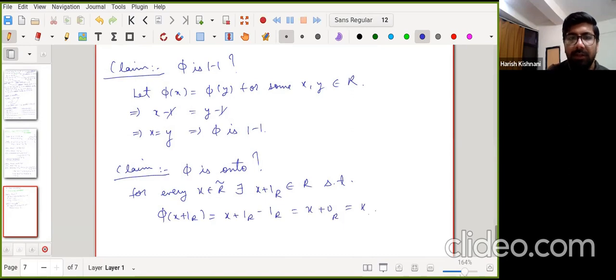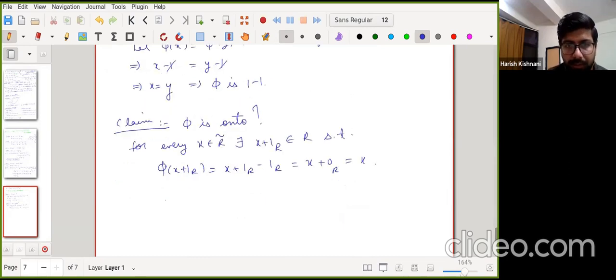Okay, so this implies that phi is also onto, and thus phi is an isomorphism.